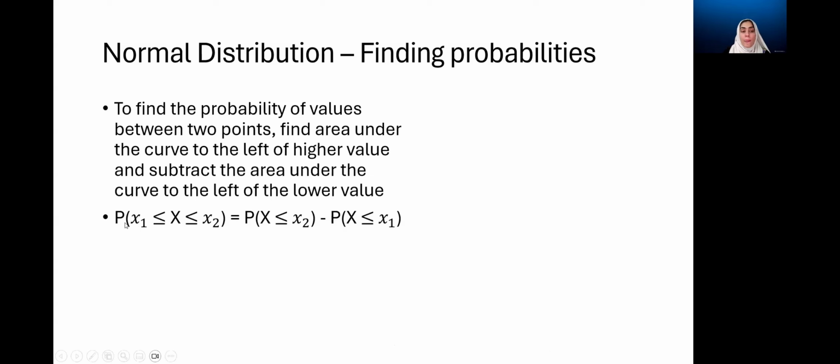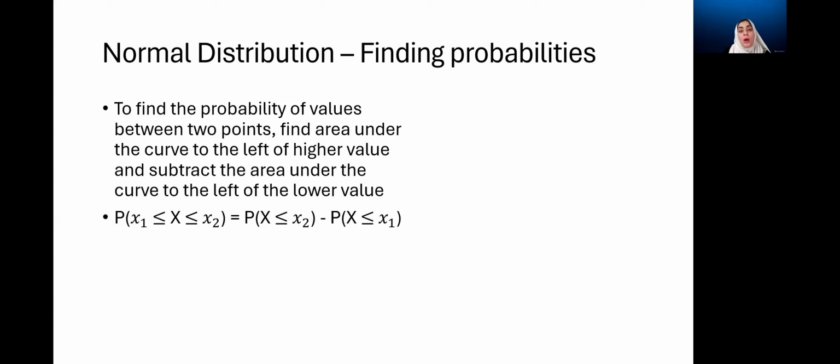Here, if we are to work out the probability for x being greater than or equal to x1 and less than or equal to x2, again, please ignore being equal to or not here, because we have already discussed that even if you miss out the equal to sign, it's not going to make much of a difference, because with continuous random variables, the probability of observing one specific value at one given point is practically equal to 0.